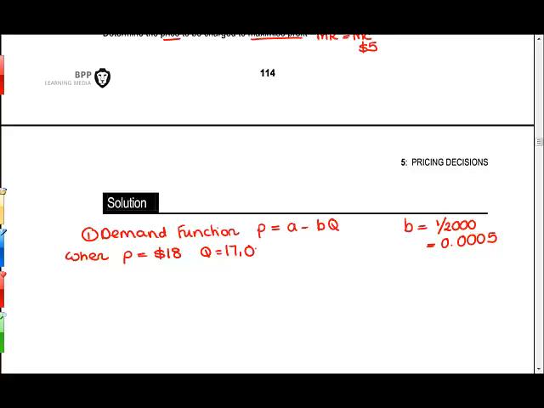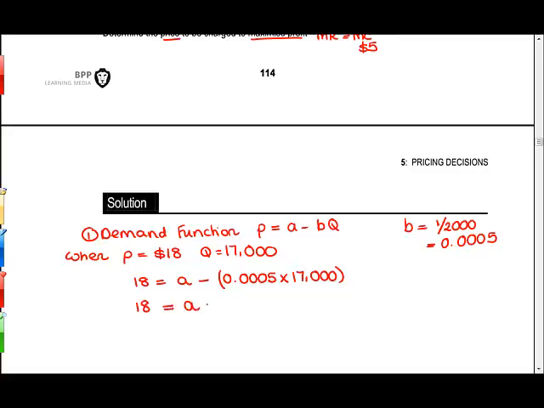So we've got out of our demand function a value for P, a value for Q, and a value for B. So we can use this then to work out the value for A, which remember is the theoretical maximum price. It's the price at which the quantity demanded would be equal to 0.